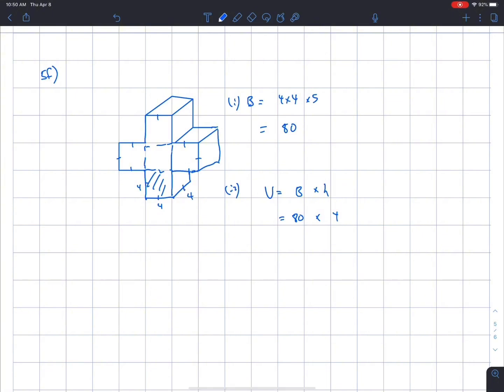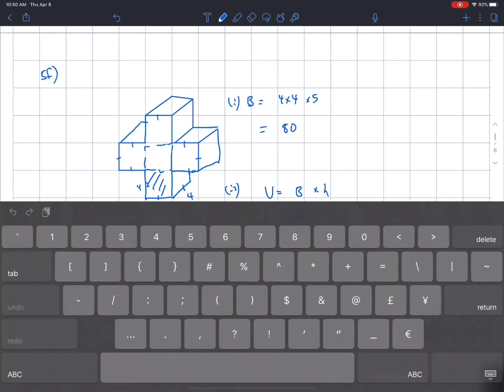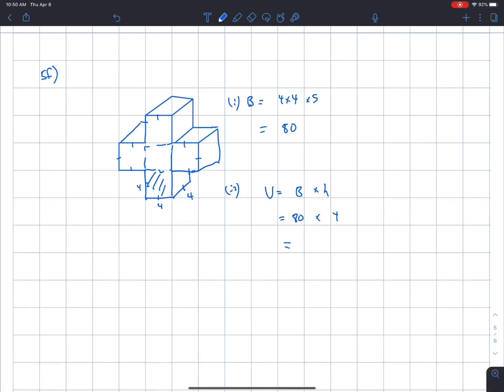This is the height, that's 4. That's why we multiply the base area by 4, because the height is 4. And we get 320 centimeter cube.